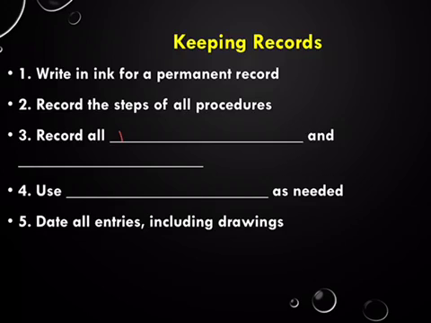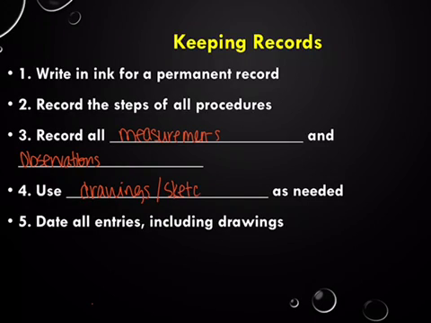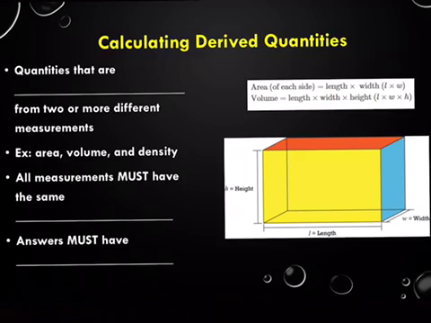You need to make sure you record all measurements and observations. You can use drawings or sketches as necessary. And make sure you write the dates on your entries and on your drawings so you have a clear timeline. All right, now we start to get into some more math.